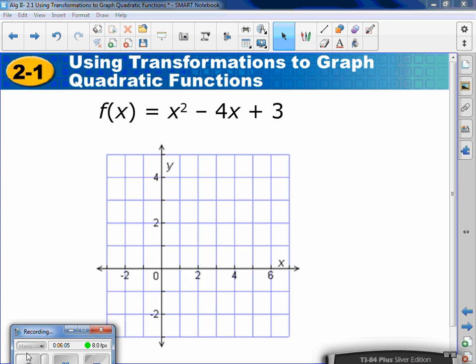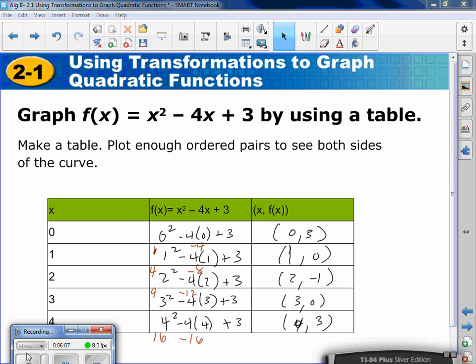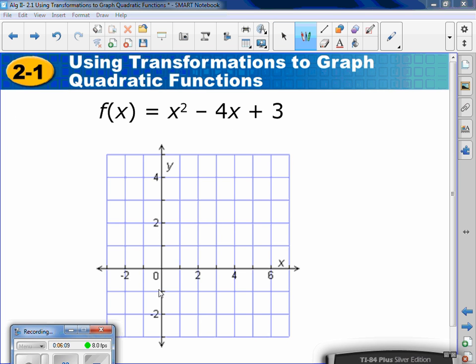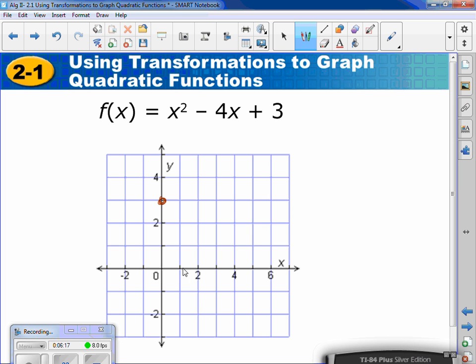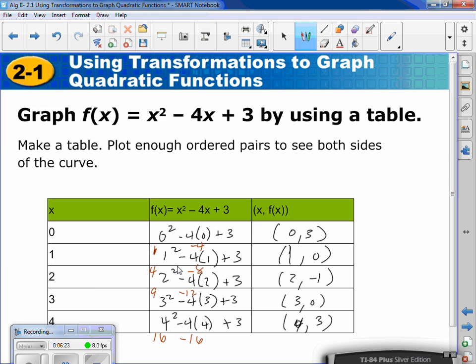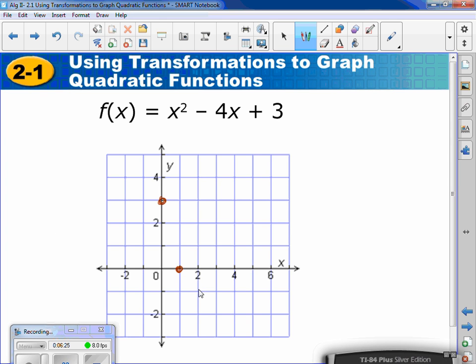All right, when plotting our points, our first point is 0, 3. Our next one is 1, 0. The next one, 2, negative 1.